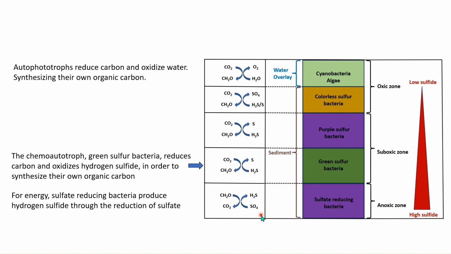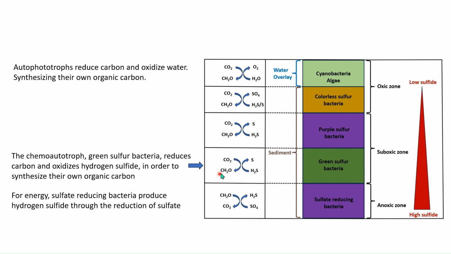We work our way up here and we can see that these are called chemoautotrophs because they're not using organic matter for their processes. These ones are green sulfur bacteria, and they can reduce carbon in order to make biomolecules.